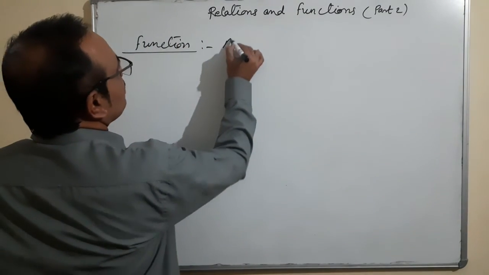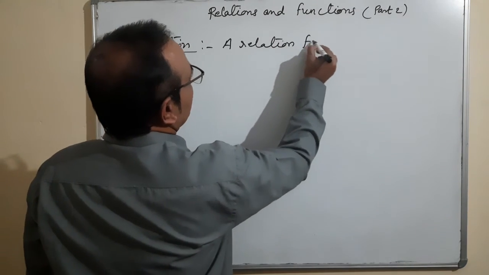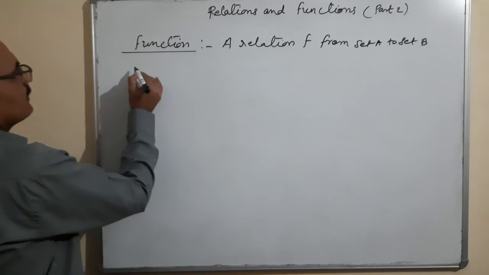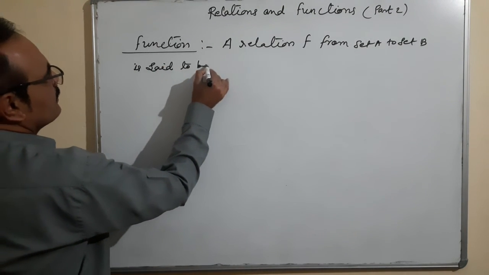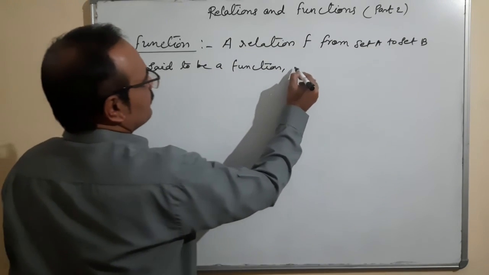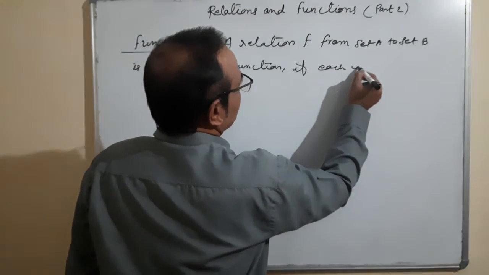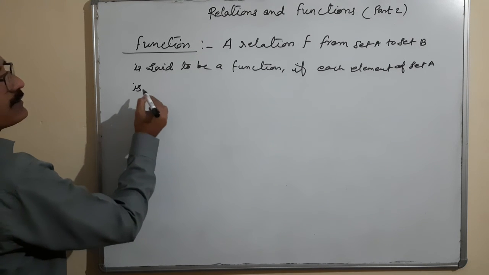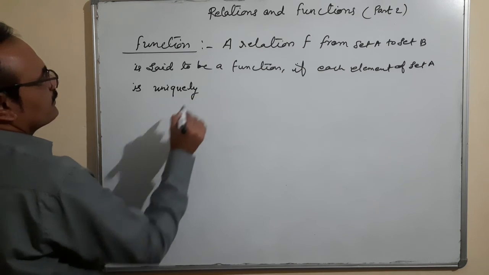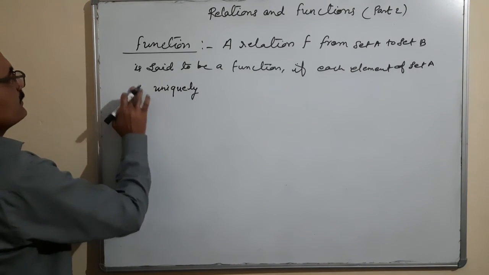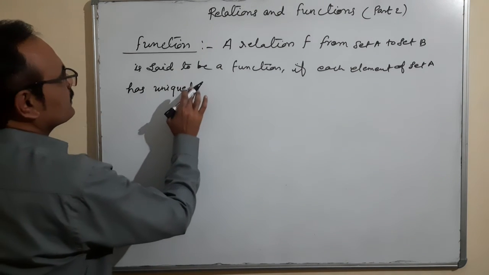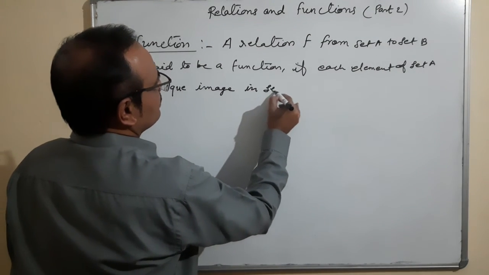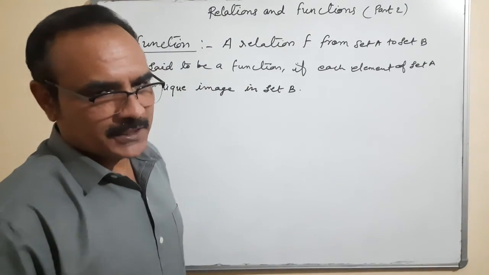A relation f from set A to set B is said to be a function if each element of set A has a unique image in set B. Okay, statement understood?